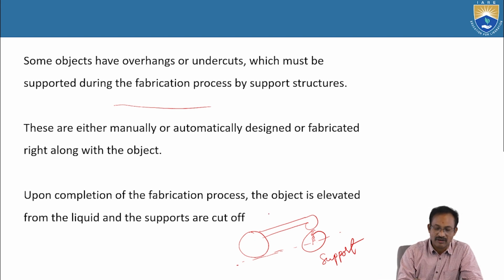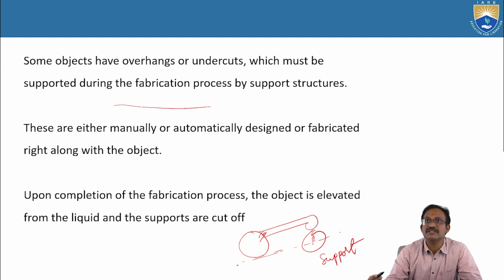This is the required object, but here we are creating the support, which should be of light strength. Upon completion of the fabrication process, the object is elevated from the liquid and the supports are cut off.